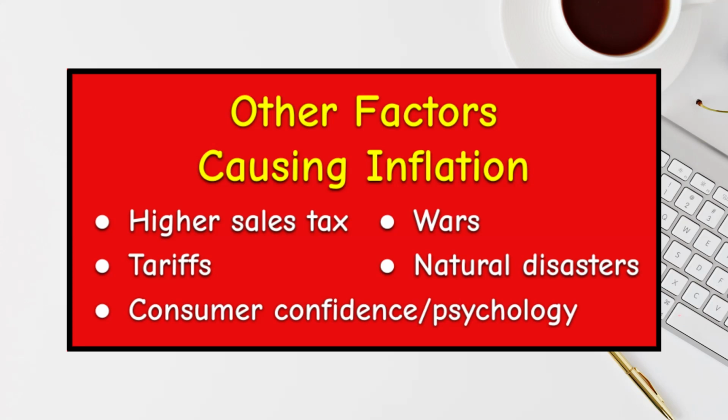Additionally, a government can charge a tariff, or a special type of tax for imports, which will also likely push up inflation. Other factors such as consumer confidence, wars, natural disasters, and psychology can push prices higher.